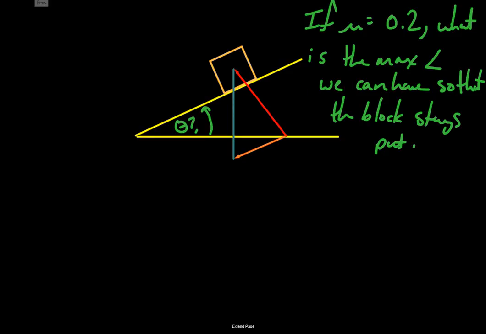Okay, so essentially, how we think about this is it'll start moving when FA is just larger than FF, right? So the point that we want to know then is when FA is exactly equal to FF. When FA is exactly equal to FF, the net force is 0. If FA gets any larger, slipping starts, right?